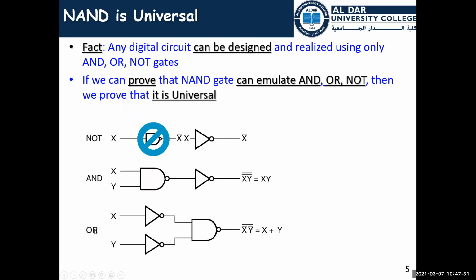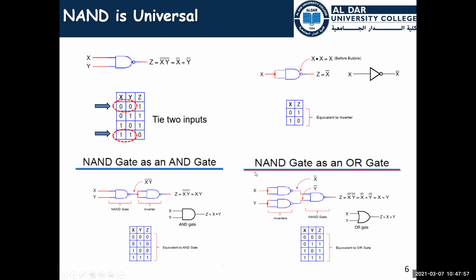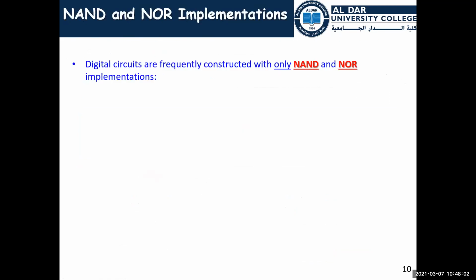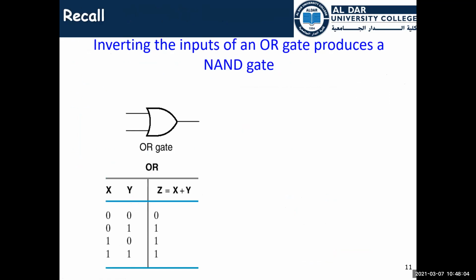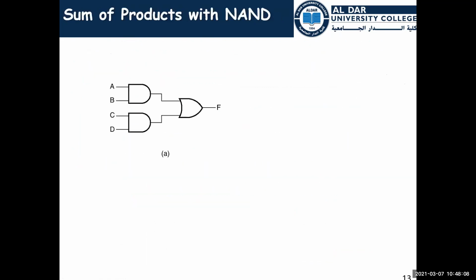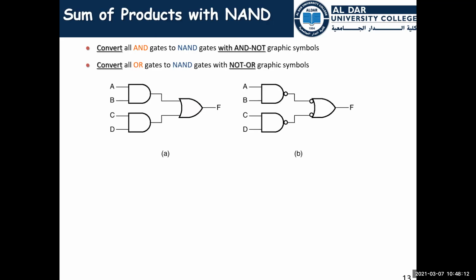If you want an OR logic, you convert the two inputs. So we continue this procedure. We add bubbles like that.